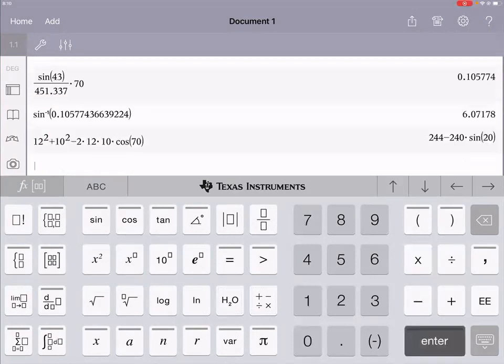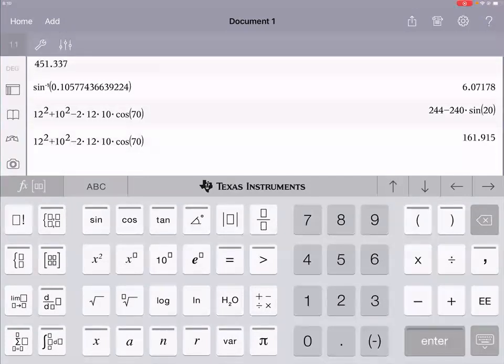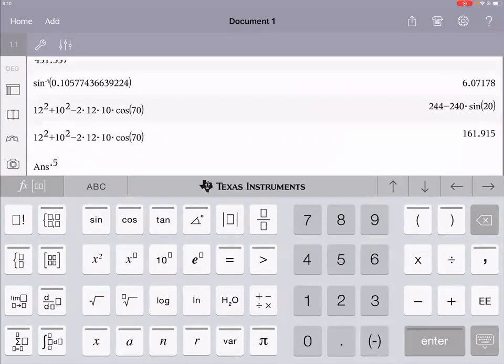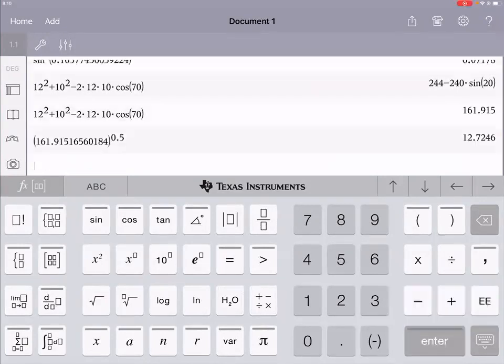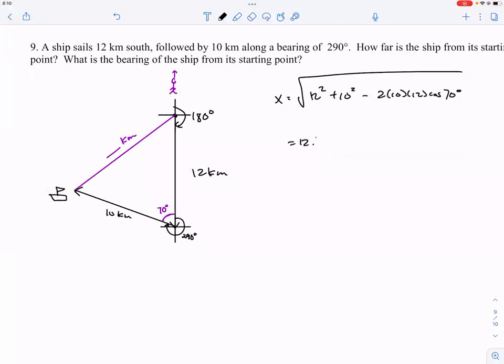You have 161.915. Then you have to take the square root of it, so raise it to the 1/2 power. That's 12.725 kilometers. That's the distance. But what's the angle?